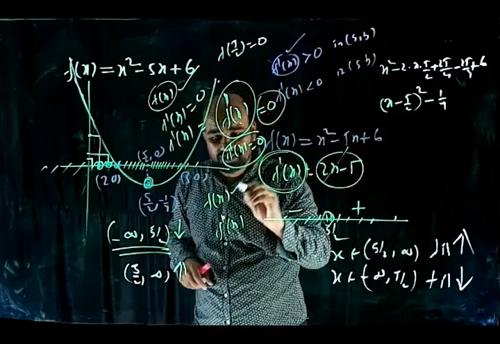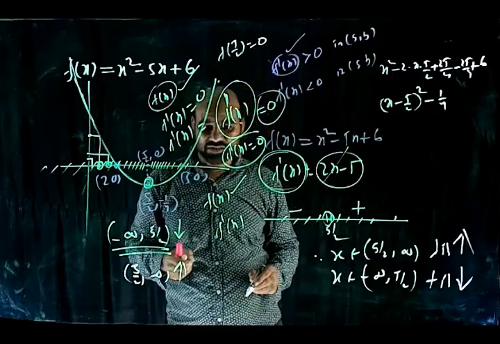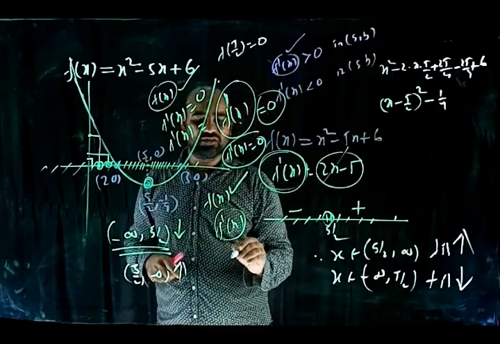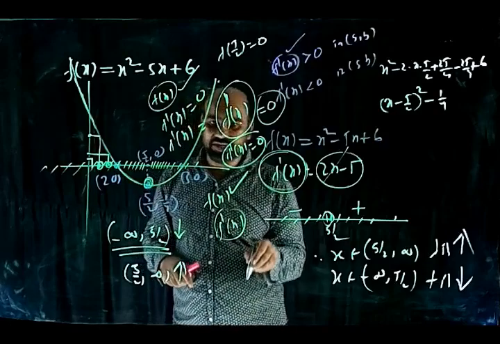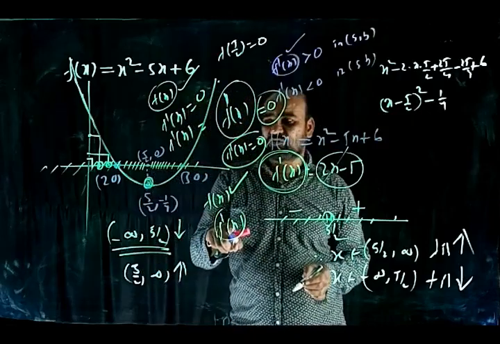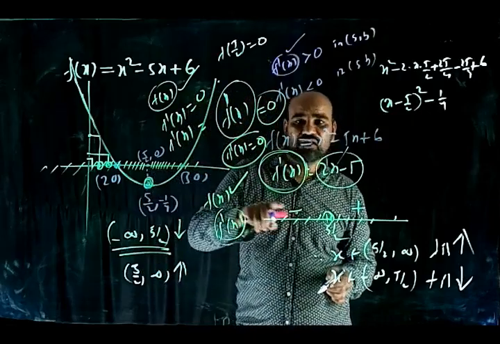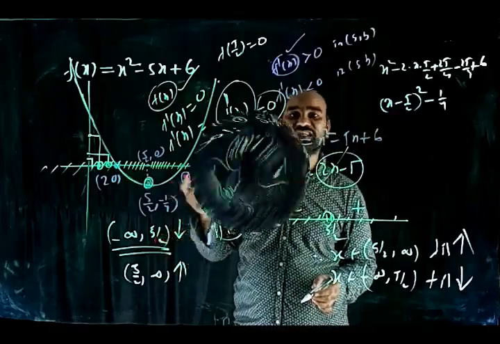It means if f of x is given and we want to apply monotonicity for f of x, we find the first derivative, and after finding the first derivative, we try to find the critical points. By using the critical points, you can apply the sign scheme. By using the sign scheme, you can conclude in what interval the function increases and in what interval the function decreases.